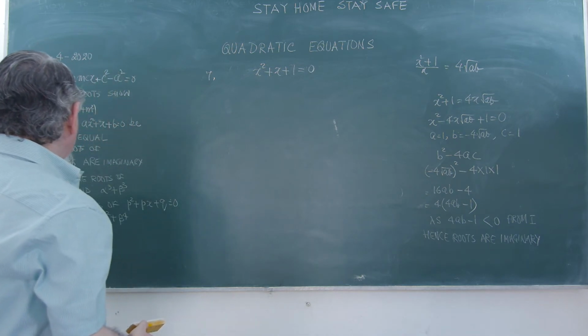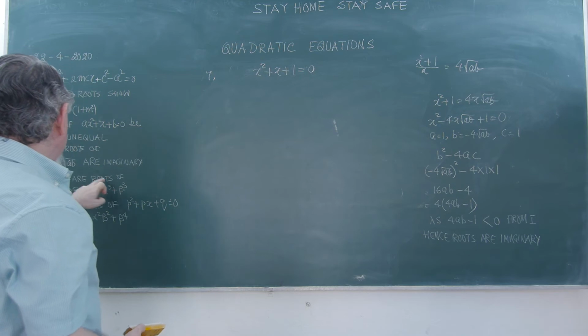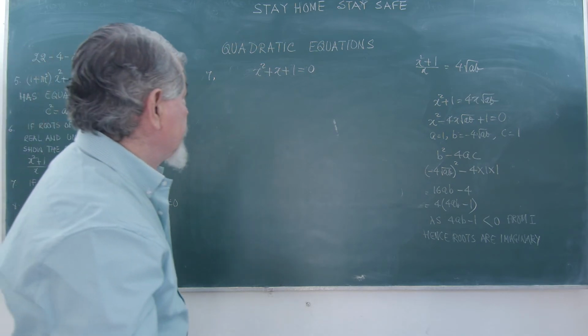I have to find alpha cube plus beta cube, where alpha and beta are the roots of the equation.